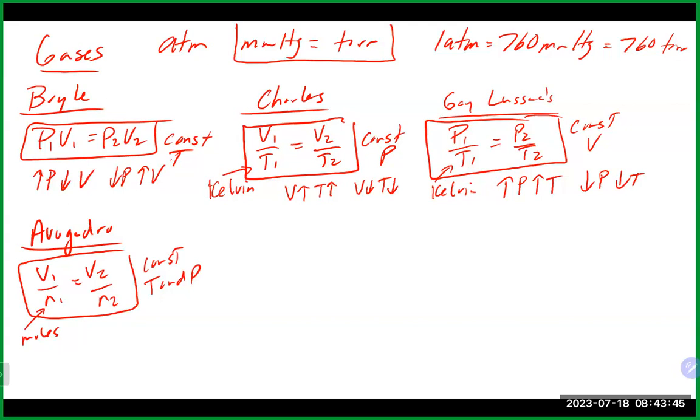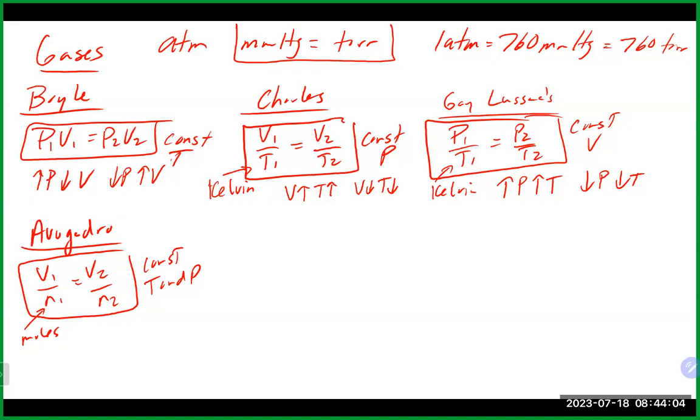We also saw that an application of Avogadro's law is in gas stoichiometry. If you are at constant pressure and temperature, much like we could do a mole to mole relationship in a stoichiometry situation, we could do a volume to volume relationship using the coefficients in the balanced equation if they're all gases.